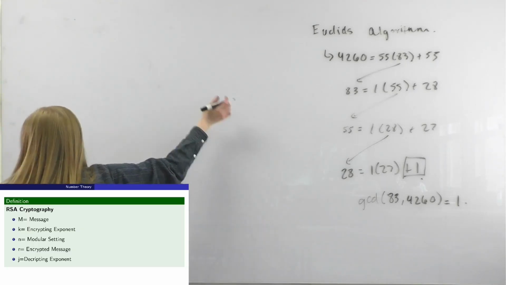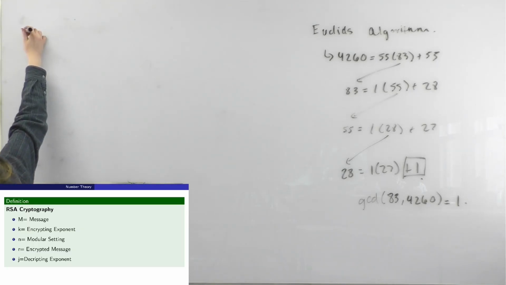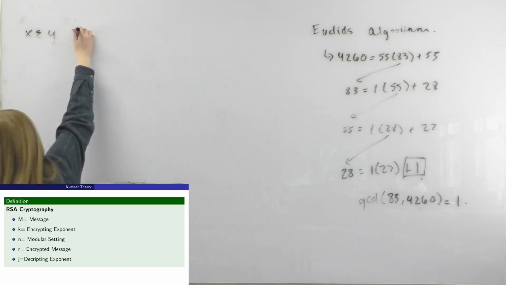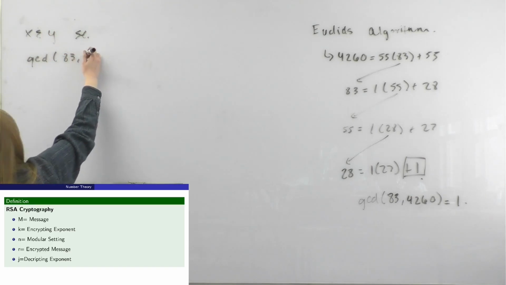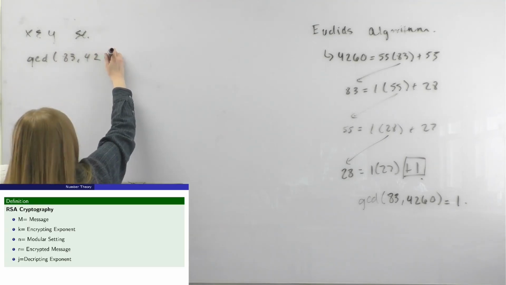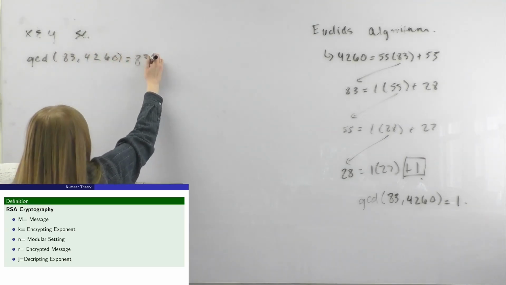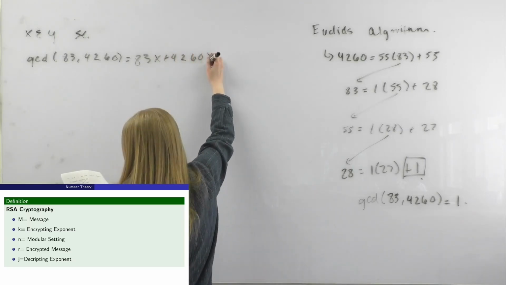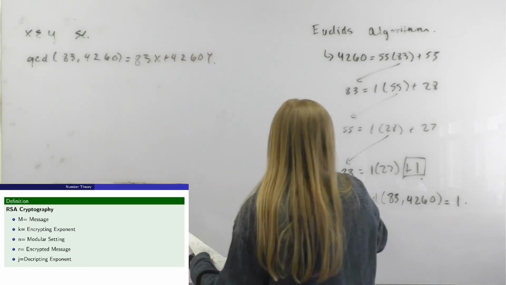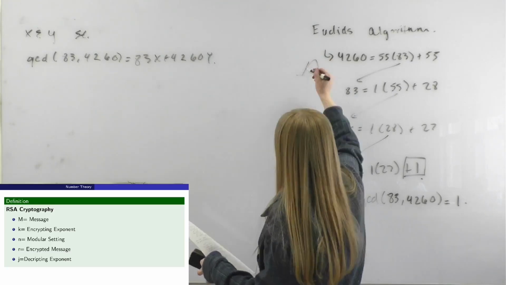I'm going to use the results of the algorithm to find x and y such that the GCD of 83 and 4,260 is equal to 83 times x plus 4,260 times y. And basically how we do this is we just go backwards.